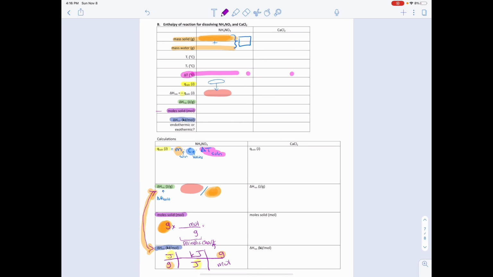And again, yes, that's from the periodic chart right there. And this is your typical conversion. You may prefer to say 1,000 joules in 1 kilojoule, or you may prefer to say in 1 kilojoule there are 1 times 10 to the 3rd joules.